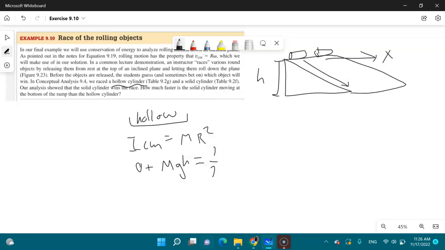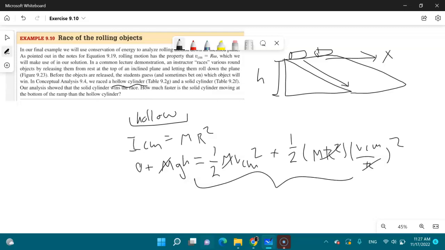This is equal to half of the mass times the velocity squared, as we mentioned before, plus half of the mass times the radius squared times the velocity over the radius squared as well. Here we can start canceling out a bunch of values. We can cancel out the mass, and we can also cancel out the radius squared. After we solve all of this and isolate the velocity, which is what we ultimately want, we get the square root of gravity times height. So that's the velocity for our hollow cylinder.